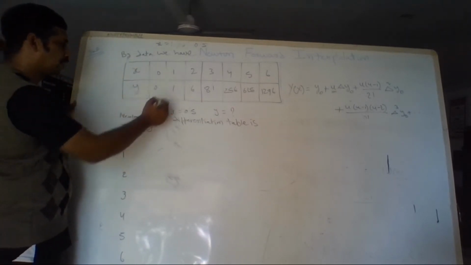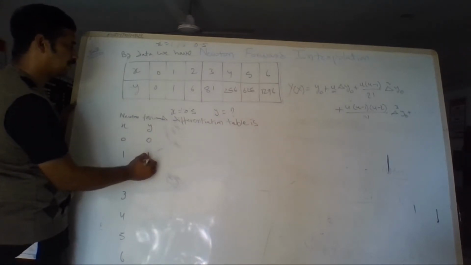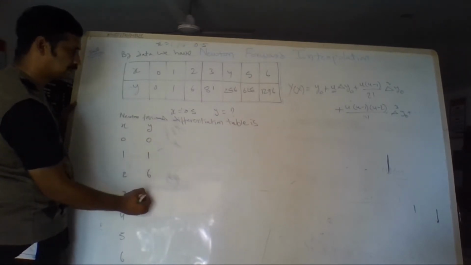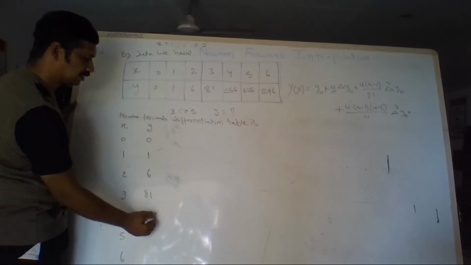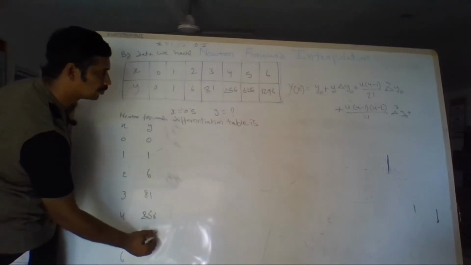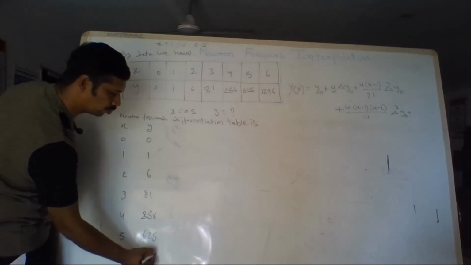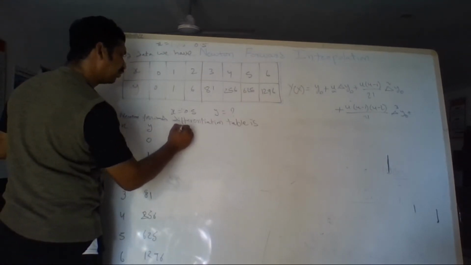The corresponding y values are: x equal to 0, y equal to 0; then 1, 6, 81, 256, 625, 1296. Next we have to compute delta y.